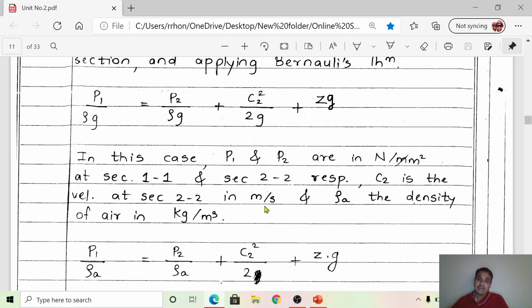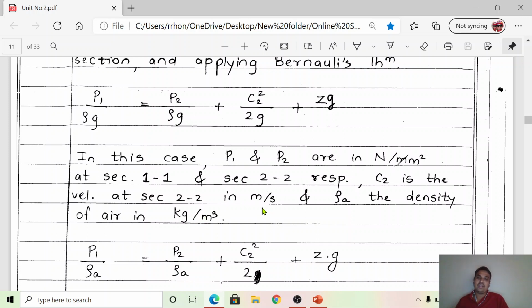So the velocity unit is meter per second, and generally we can consider pressure in Newton per meter square or bar itself. Density rho stands for density. Generally we are talking about the air part itself, so you have to consider rho for air. That's why we can write rho suffix small a, that is nothing but the density of air in kg per meter cube. So these all are our considerations.